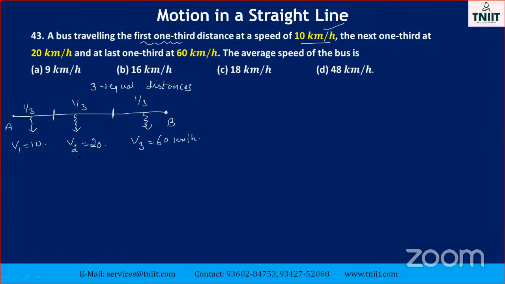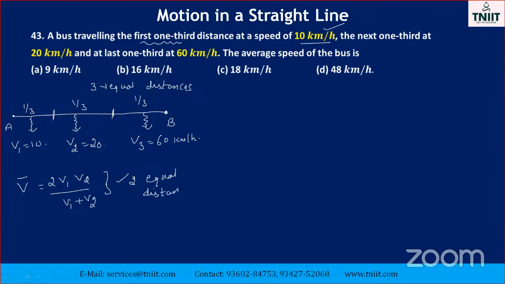So V1, V2, V3. For 2 equal distances, please remember what average speed formula we have written? It is 2V1 V2 by V1 plus V2, isn't it? But this holds good for 2 equal distances.